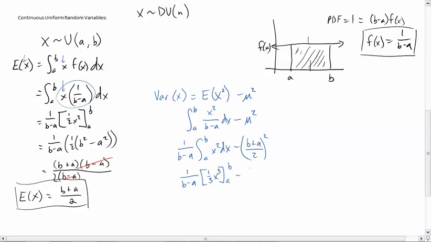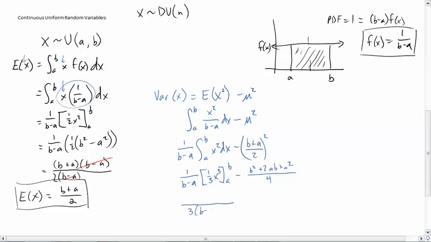which I'm going to start expanding. So I'm going to have b squared plus 2ab plus a squared all over 4, because I've got to square the top and the bottom. Okay, if I want, I can leave it in parentheses, but I know that minus needs to go to everything. This is going to, of course, become one single fraction. I'll have the 3 on the bottom from the 1/3.